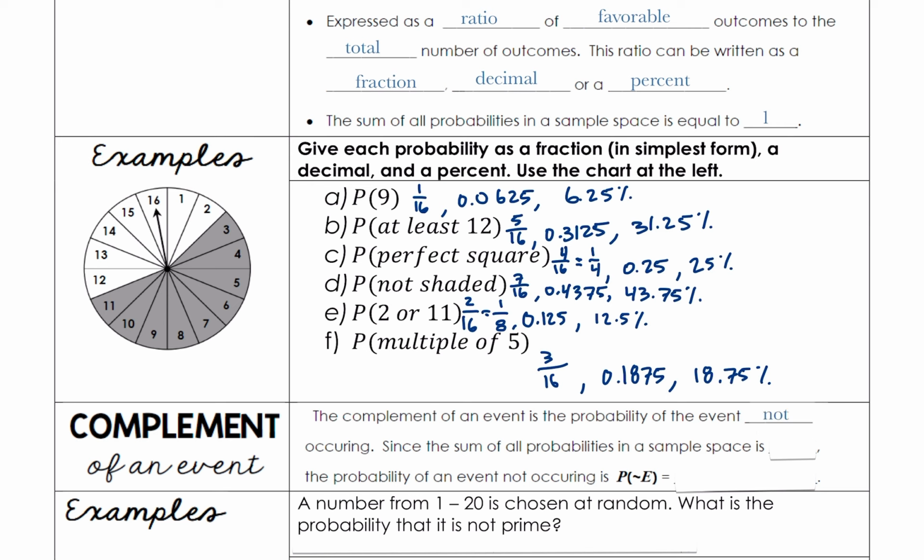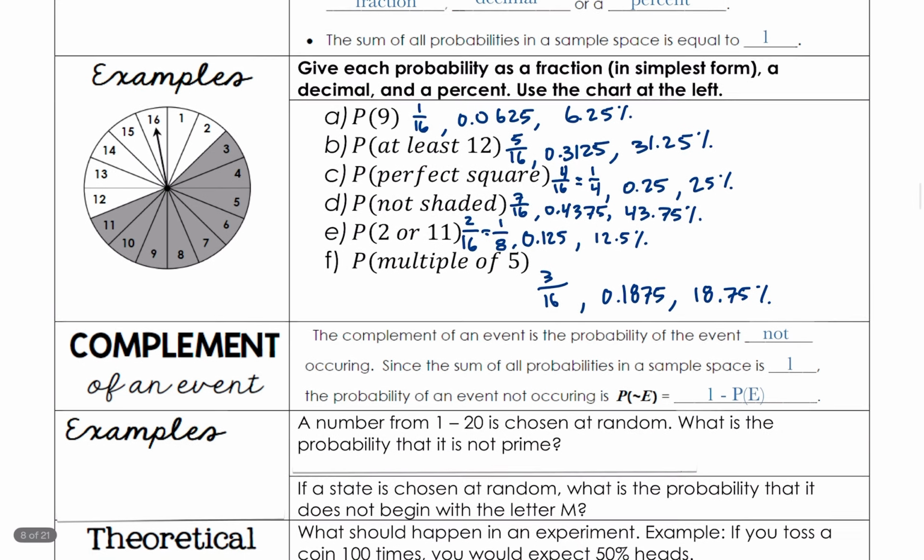Okay, so the complement of a probability would be the opposite probability, basically. It's the probability that the event does not occur. Since the sum of the probabilities in a sample space is 1, the probability of an event not occurring is 1 minus the probability of the event.